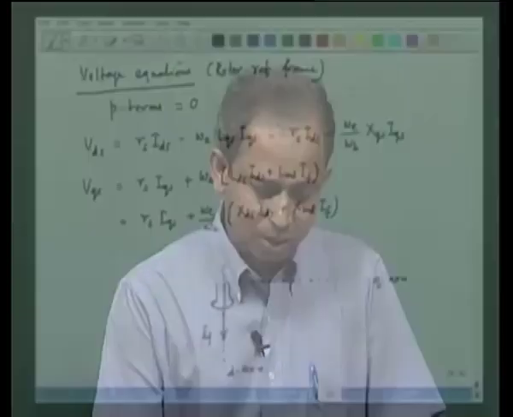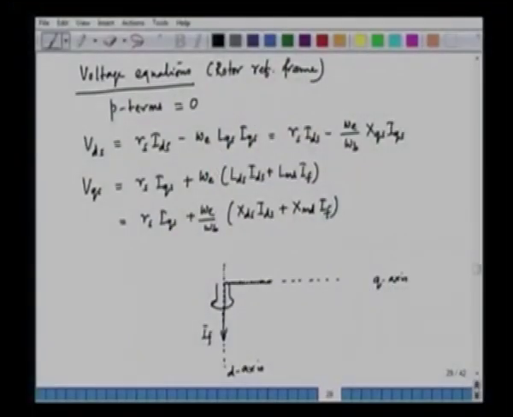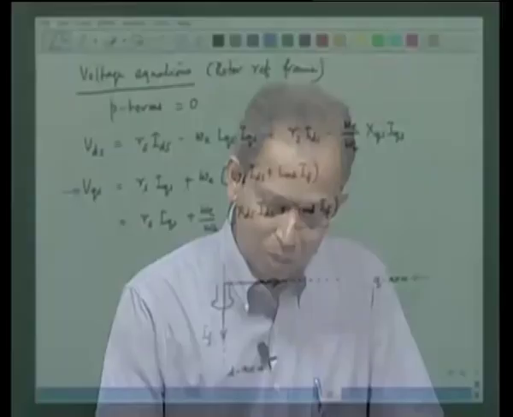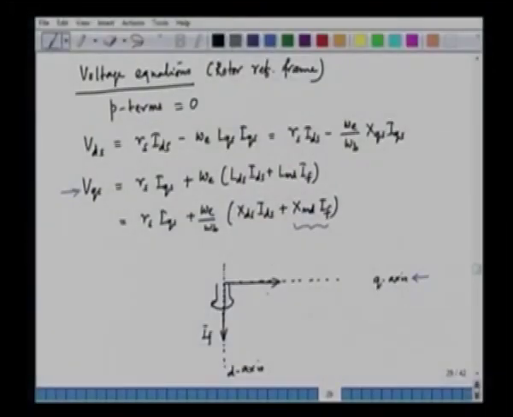So in the q axis we can show this term, and we are representing all the variables in the q axis. This Xmd into If, or Lmd into If into omega e, represents the field induced EMF, which we call Ef.